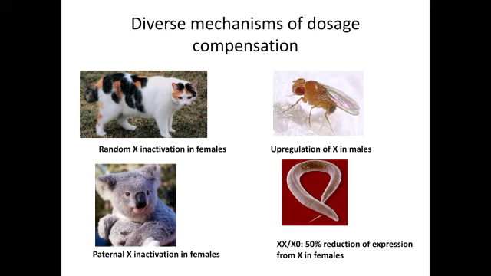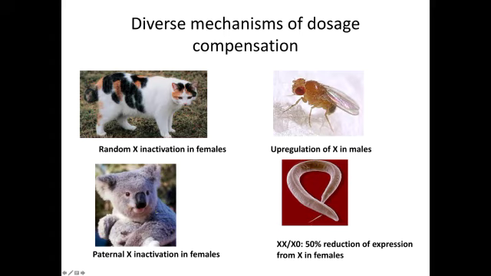If they have 1 X chromosome, they're male, and of course there'll be a Y. But in both cases, there has to be an equivalent expression of the X between males and females. Now, in mammalian systems, one of the X's is randomly inactivated in females, but in Drosophila, the way that the dose of the X is achieved in males and females is that the X chromosome in males is upregulated twofold. And so males basically have twofold expression from the single X, and that makes the expression level from both X's similar between females and males.